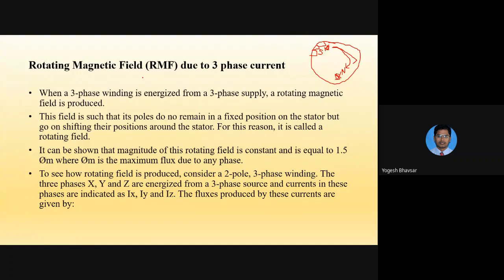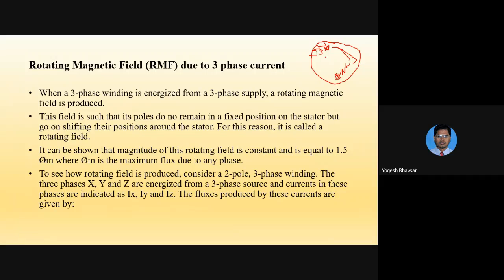Right? Okay, so let us see what this rotating magnetic field is and how it will be produced. As we know, whenever the three-phase winding is energized from a three-phase supply, a rotating magnetic field will be produced. This field is such that its poles do not remain in a fixed position on the stator, but go on shifting their position around the stator.